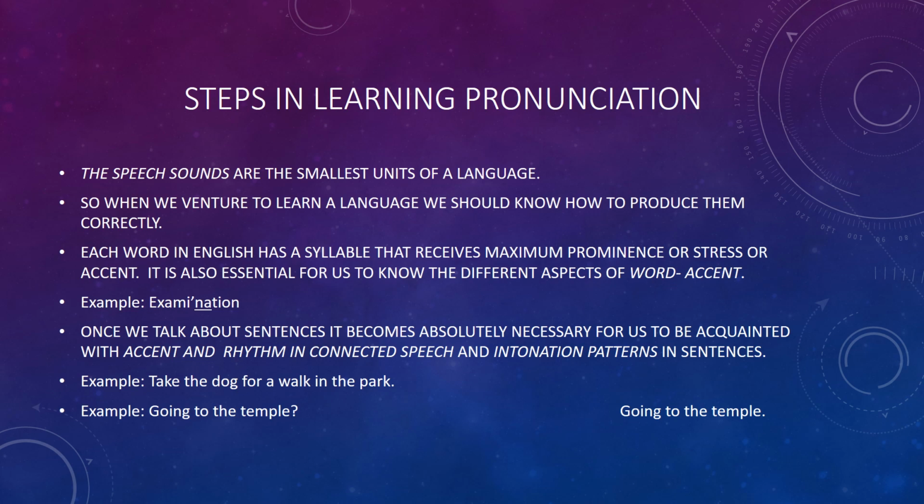And if you're raising your voice, if you're using the rising tone, then it becomes a question. So that is what you call intonation in English. So we'll have to learn about the intonation patterns in sentences as well in order to learn English properly.